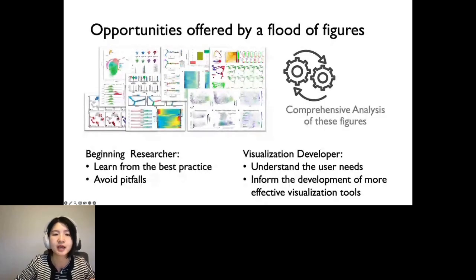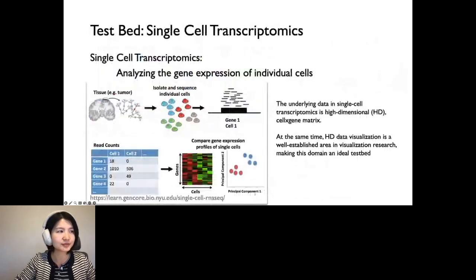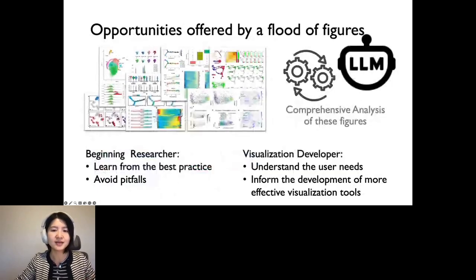We should also be able to help visualization developers understand real user needs, which will inform the development of more effective visualization tools. And with the growing capabilities of large language models, now feels like the right moment to do this type of analysis.